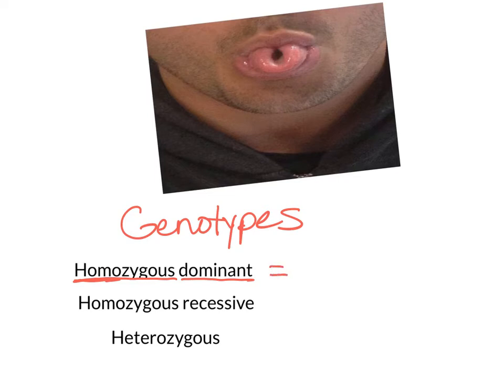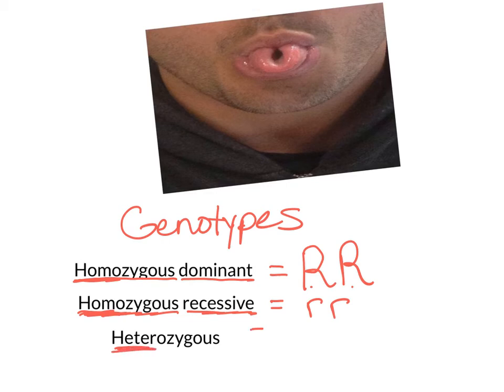So for a homozygous dominant genotype, let's use the letter R. Homozygous dominant would be two capital letters, two that are the same, and they're both dominant. If we have homozygous recessive, that means two of the same that are both recessive. So we'd have two lowercase r's. Hetero means different. So if we have two different alleles for that trait, we would have a dominant allele and a recessive allele.